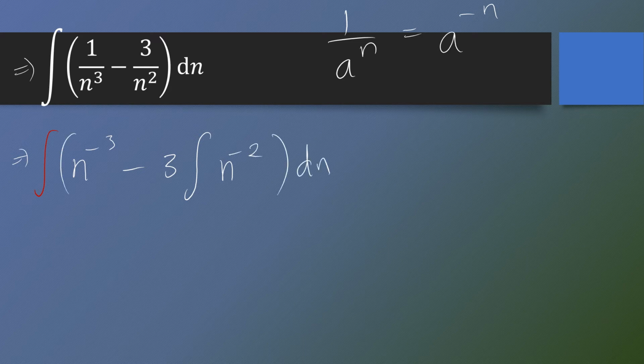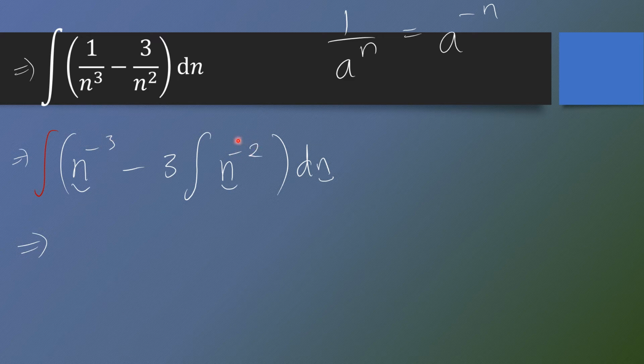Remember, if the variable is the same with respect to n, we can do the power rule. Just add 1 to the exponent and then write it in the denominator.